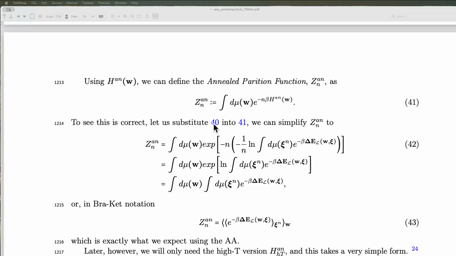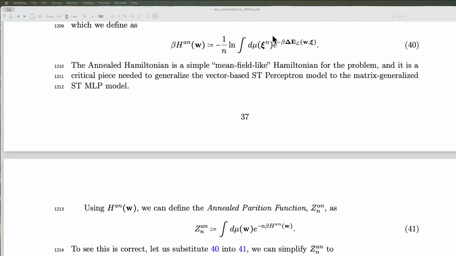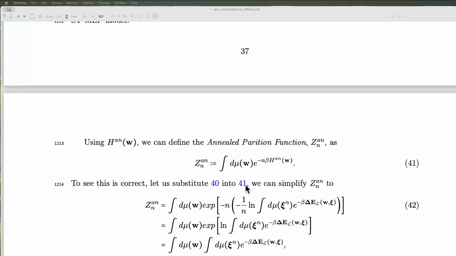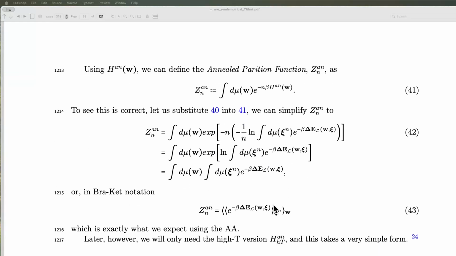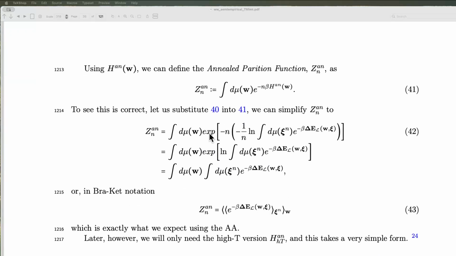So if we substitute this definition of the Hamiltonian, which is equation 40, into 41, and we simplify, we just plug it in, and you're going to find that you get back an object which looks like an average over the weights times an average over the data times e to the minus beta total error.